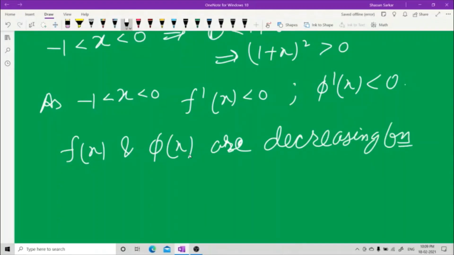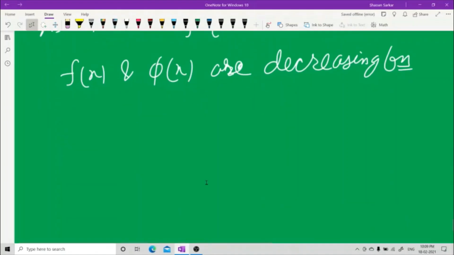Now since f(x) is decreasing, suppose you take x less than 0. So f(x) is greater than f(0), because this is a decreasing function.